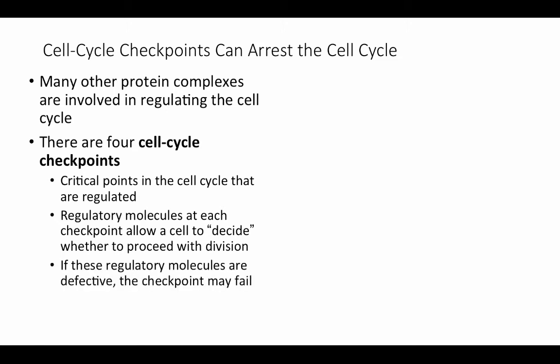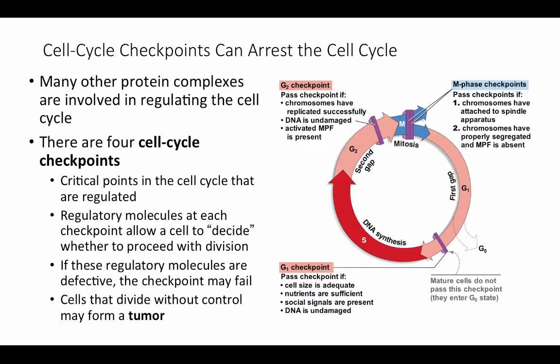So if these regulatory molecules are defective, the checkpoint may fail. And this is going to be the cause of lots of different kinds of tumors, a failure of these checkpoints during the cell cycle. So let's take a look at what these checkpoints are, where they occur, and what they do. So let's first look at the G1 checkpoint. So this seems to be the most important checkpoint in the whole cell cycle.